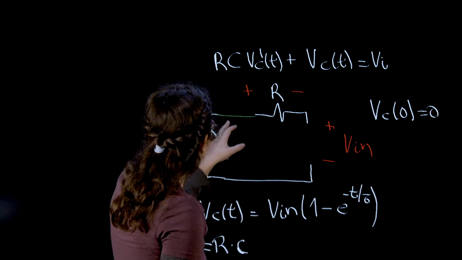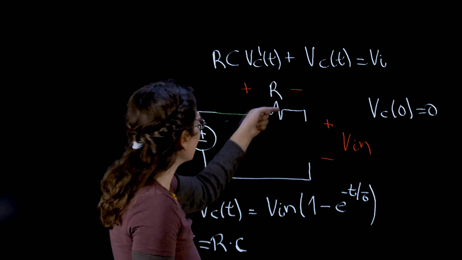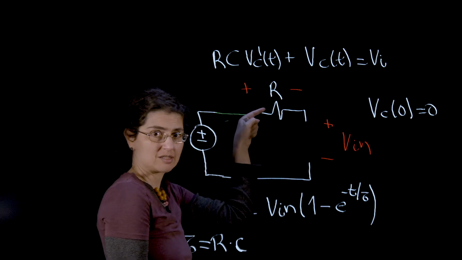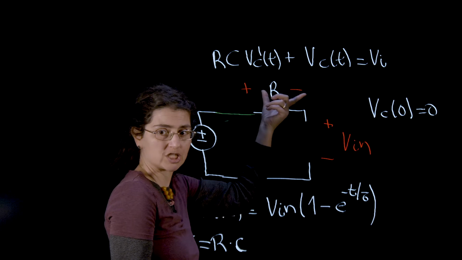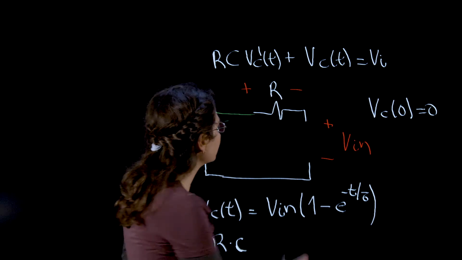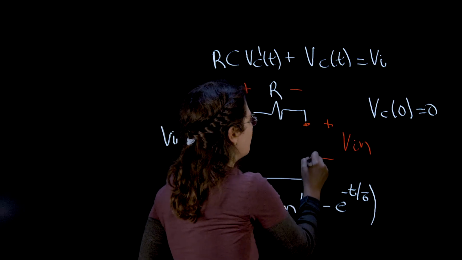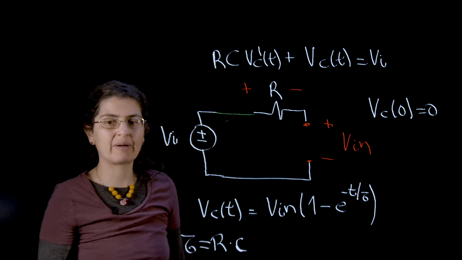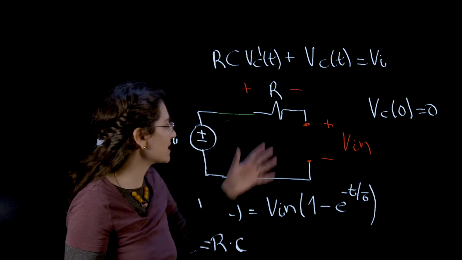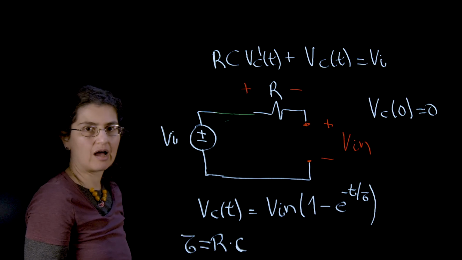So it means that there's no current flowing through R, so that R times 0, which is the voltage, is equal to 0. And that means that my circuit is open here. So when my capacitor is completely charged, it acts as an open circuit.